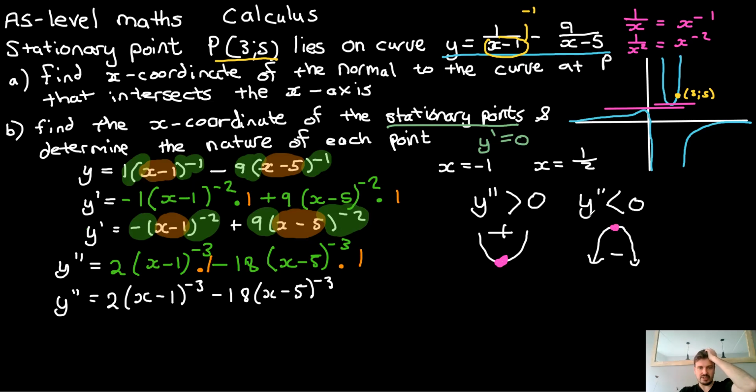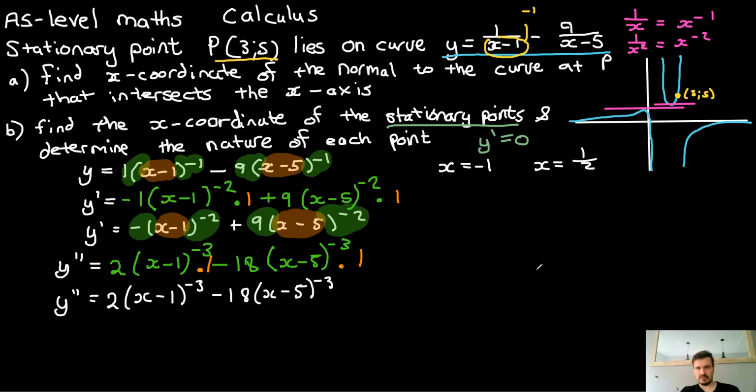So now we simply substitute our x values of our two stationary points into our second derivative to calculate if it's positive or negative. Okay, so y dash equals, let's do the -1 first. So I'm going to remove this. If it's positive, happy face, minimum.